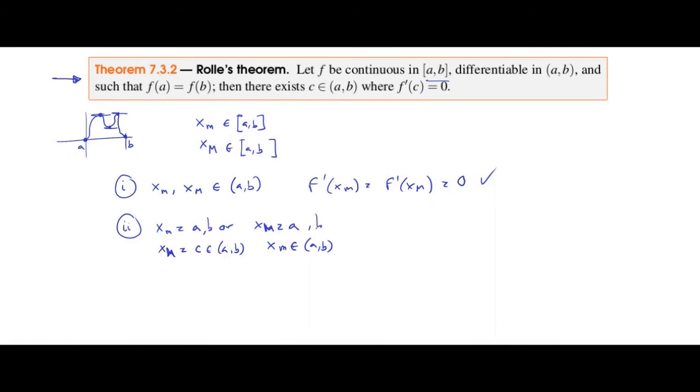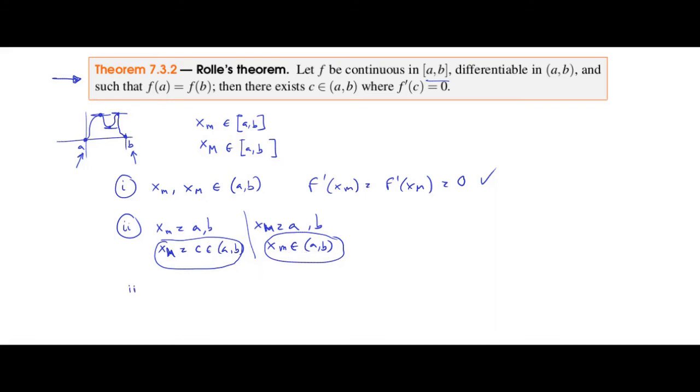So one of them, either the minimum is at one of the ends of the interval and the maximum is in the middle, or the other way around. So we can have two possibilities here. If that's the case, then the value of the derivative here is going to be 0, and the value of the derivative here is going to be 0, because applying the same theorem, the function is differentiable in this open interval, and it has reached an extremum here. So that's the second possibility.